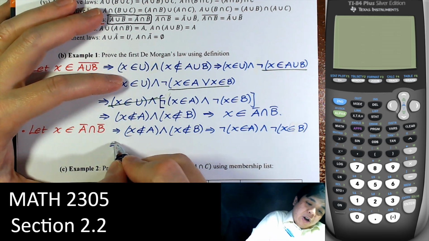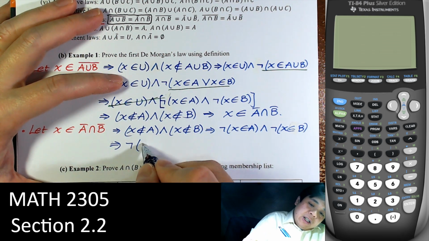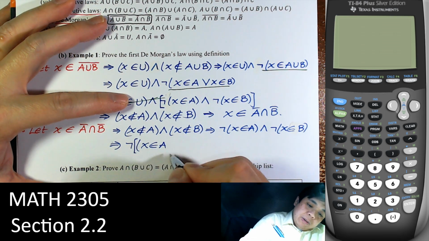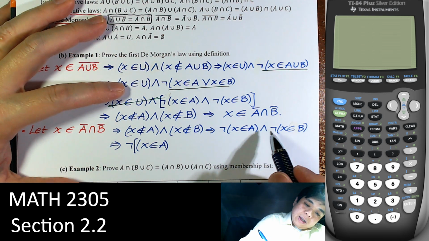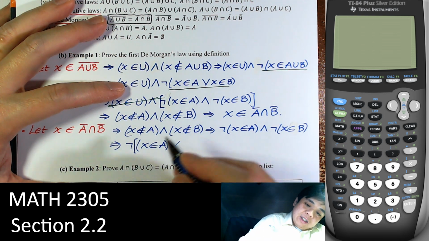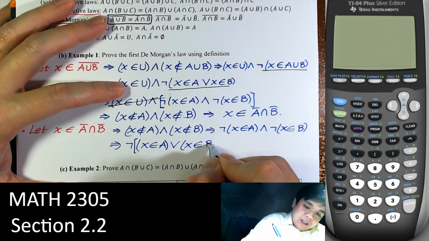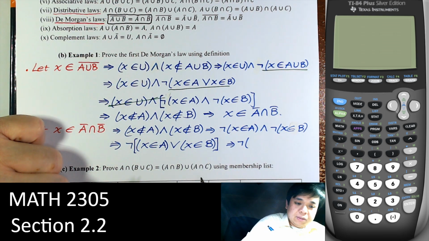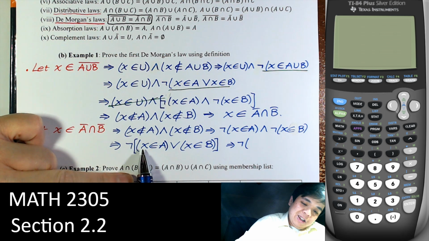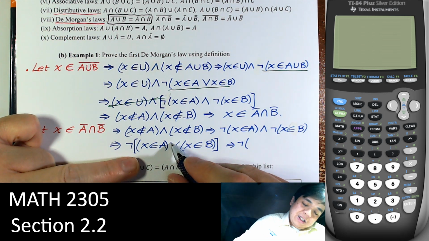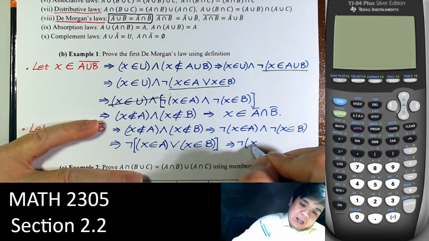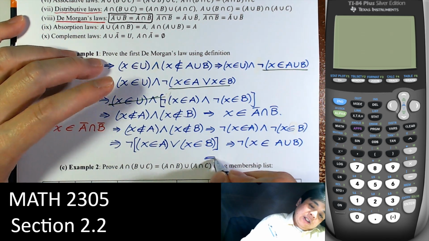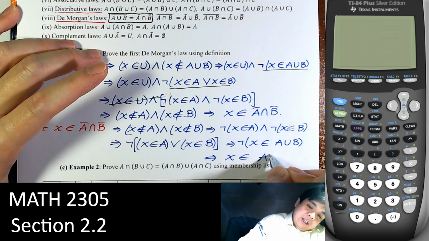By De Morgan's law of logic, that gives us not X in A, and we have to reverse that, X in B, which gives us not. This is the or, so X is in A union B, and then the negation, so that gives us X in A union B.